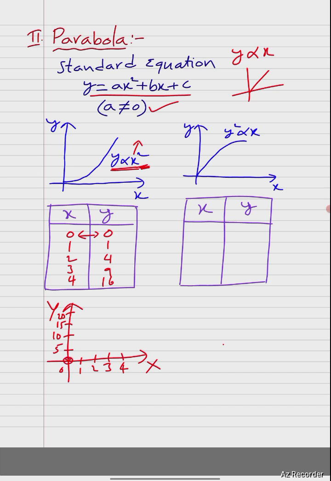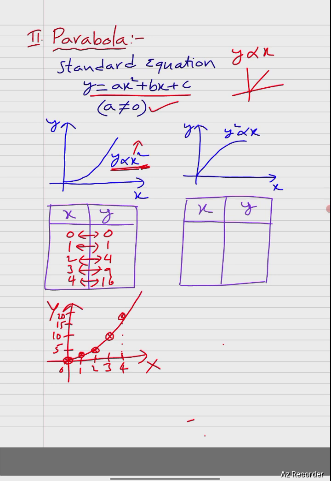So it starts over here. Next, x coordinate 1, y coordinate also 1. It will be somewhere here. Next 2, 4. It also will be somewhere here. Next 3, 9. So it is slowly increasing like this. Now 4, 16. For the value of x as 4, it is 16. It is around somewhere here.